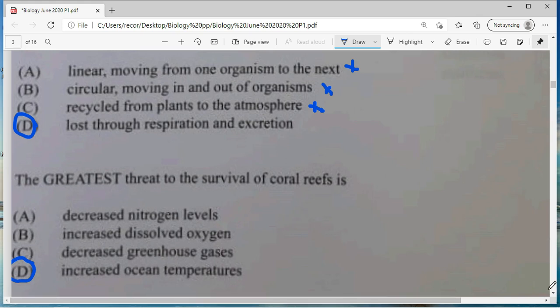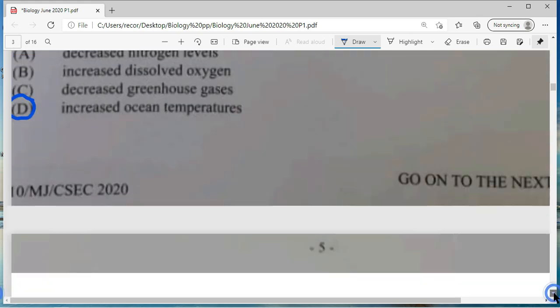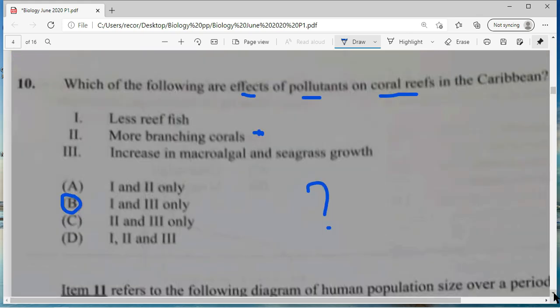You would have also appreciated that as the temperature increases, so too the availability of oxygen in the water will decrease. Which of the following are effects of pollutants on coral reefs in the Caribbean? We're definitely going to be having less fish in this area as there will be no area for spawning.